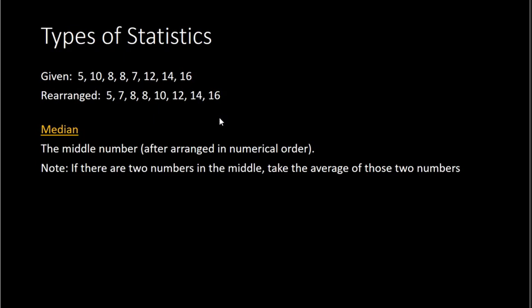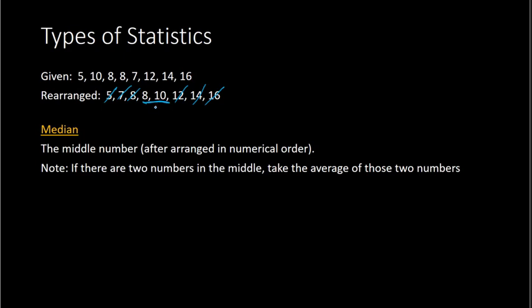Now when I find the median, what I do is I work my way from the outside into the inside. So on both the left and the right side, if I go in 1, we now have 7, 14 on the outsides. Let's go in another time, so get rid of the 7 and 14. Do it again with the 8 and the 12. So now we've worked our way in 3 numbers in towards the middle on both sides. And notice we have 8 and 10 here in the center.